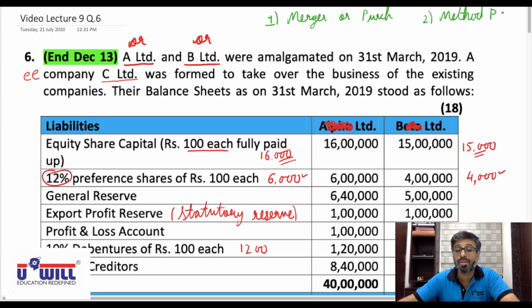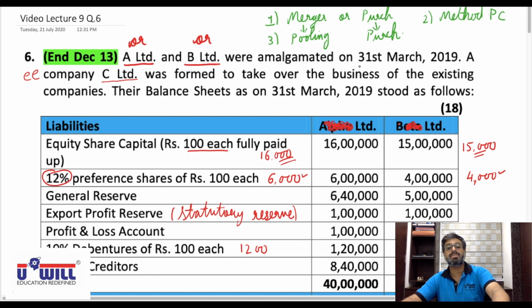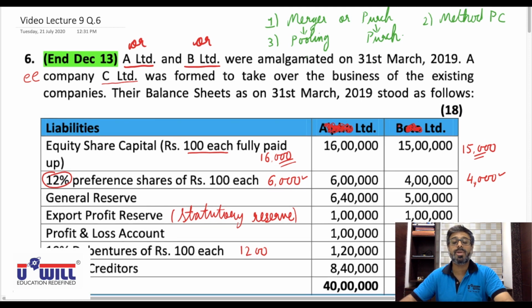In every question you have to do this. And third, if it is amalgamation in the nature of merger and accounting entries are asked in the books of transferee company, then we shall follow the pooling of interest method of accounting. And if it is amalgamation in the nature of purchase, then in the books of transferee company we shall follow the purchase method of accounting. So 3 things we have to identify in every question.